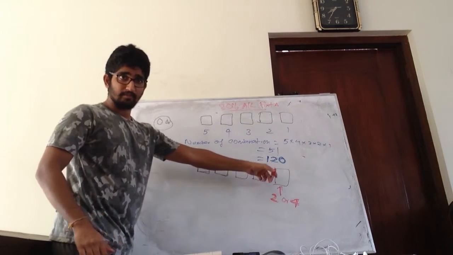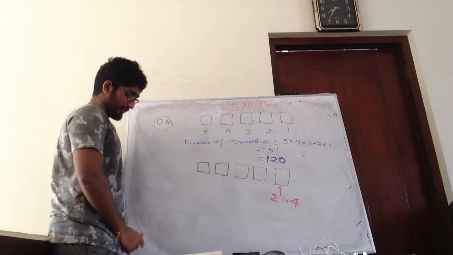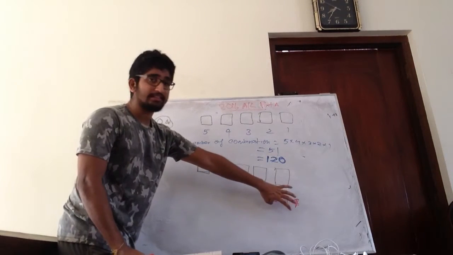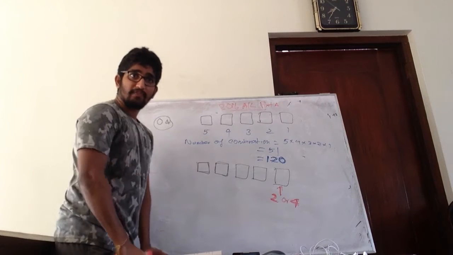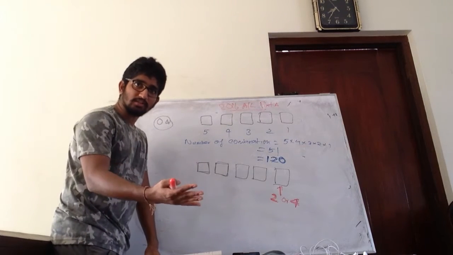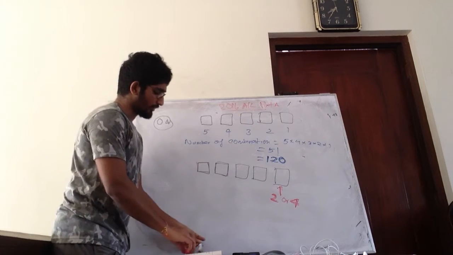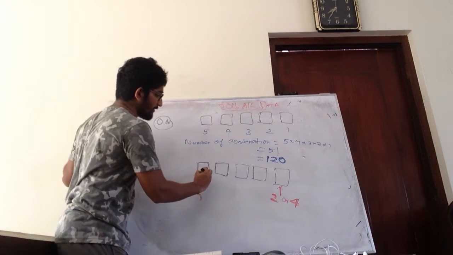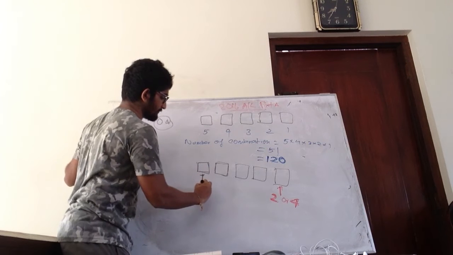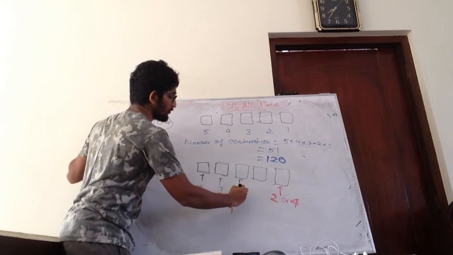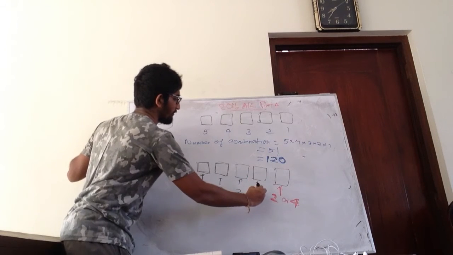Now, since the last digit is taken off, there can be only 4 more numbers. So there can be 4 numbers here, 3 numbers here, 2 numbers here, 1 number here.